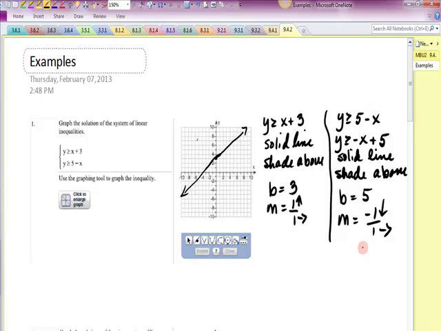The second line, it is still the line tool again, solid again. I will click on 5, and from there I will go down 1, right 1, and I will get a solid line that looks like this. Now I do not have to identify the point of intersection in this. All right, this says shade above.